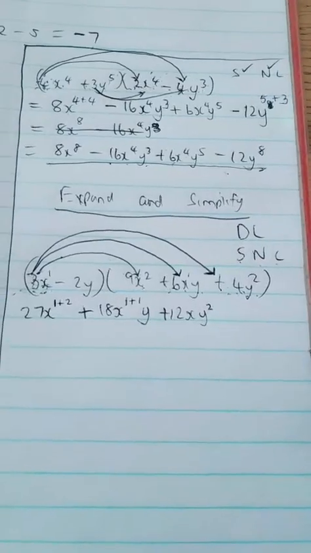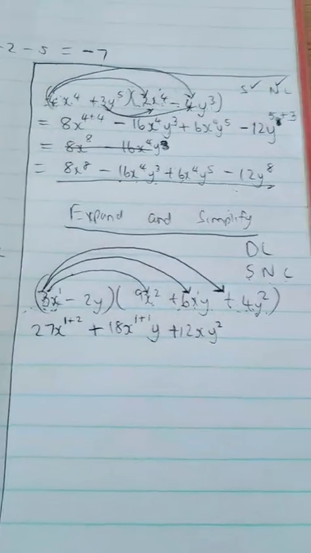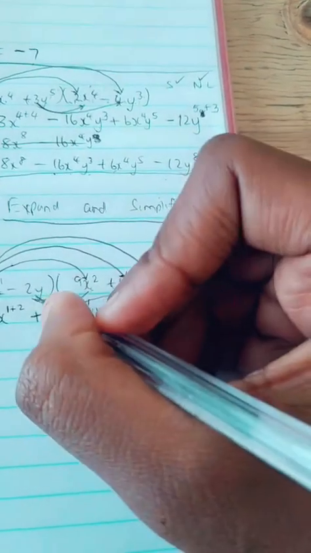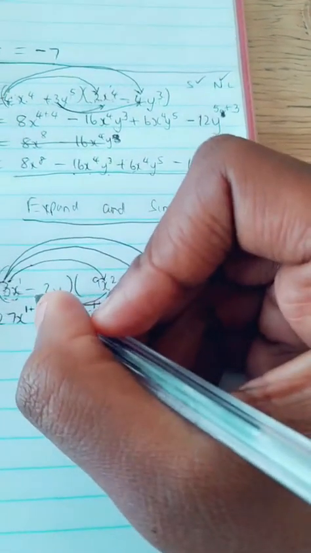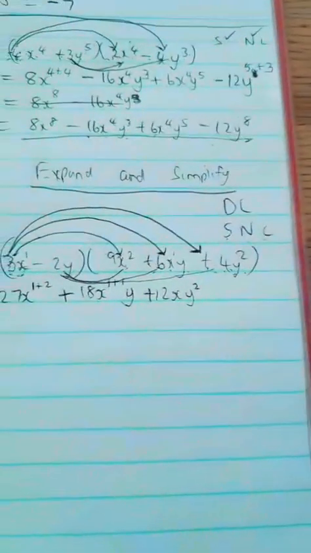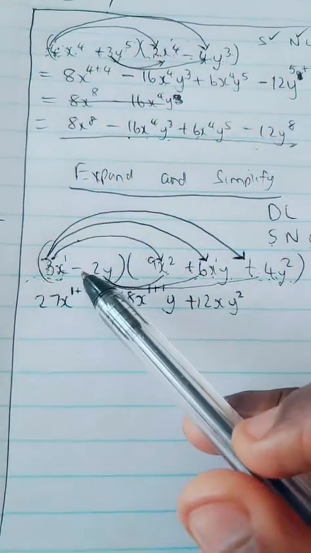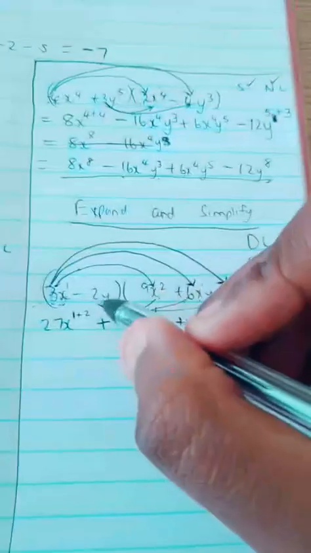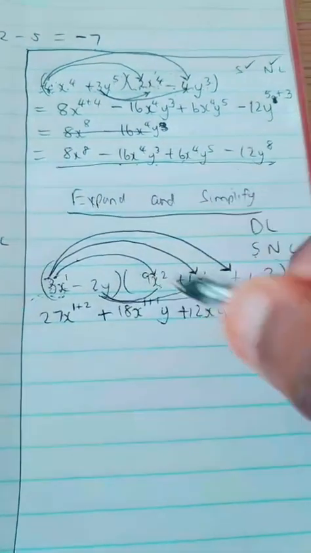Then 2y now needs to be distributed to the 3 terms. Negative 2y. Remember, the sign for 2y is negative. So we start with the signs. Again, negative times a positive, keep negative. 2 times 9, keep 18.